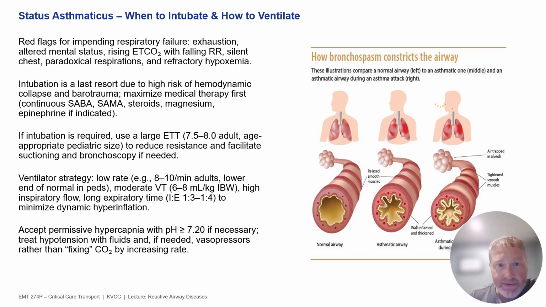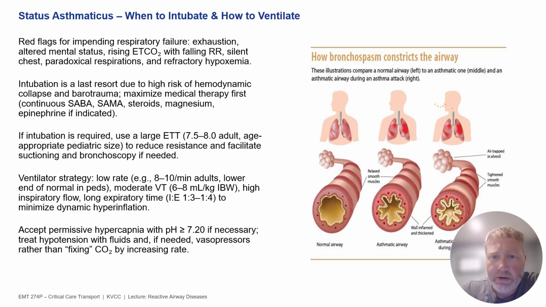If you do have to intubate, for one, use the largest ET tube that you can safely place. You want the lumen size to be as large as possible. And typically that's not something that we look at. I mean, standard adult male gets an 8.0, maybe a 7.5 if they're on the smaller side, or greater than 8 if they're on the larger side.